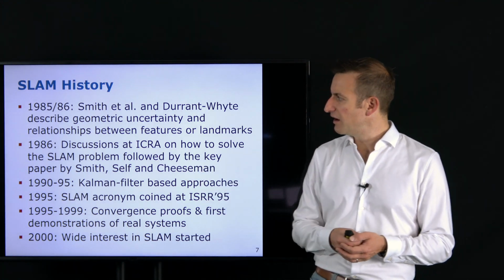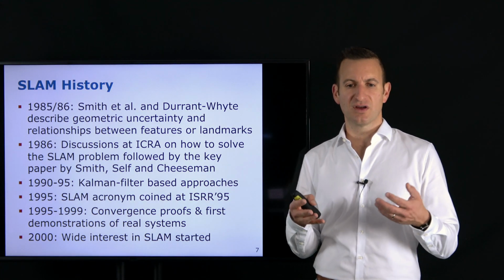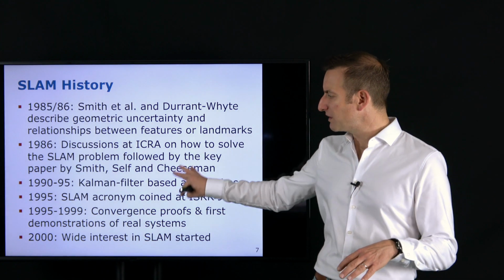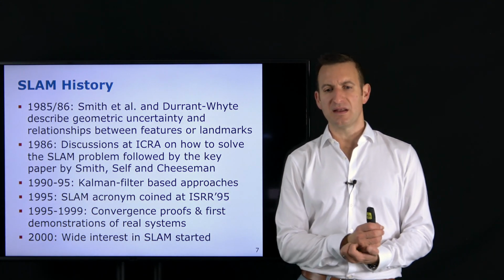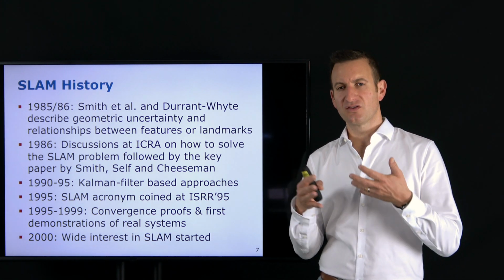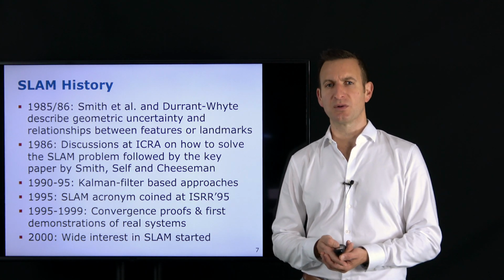This was in '86, where the term SLAM was then coined, and then a lot of activities were ongoing, and from 2000 on there was a wide interest in the SLAM problem within the robotics community. And this is in stark contrast to the bundle adjustment approach, because bundle adjustment is much older.